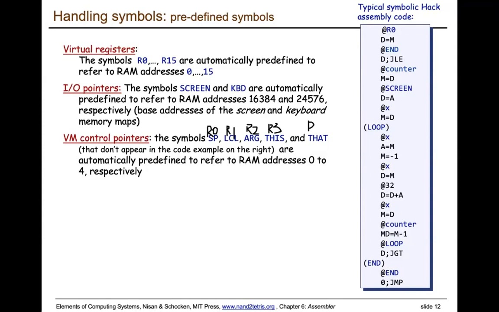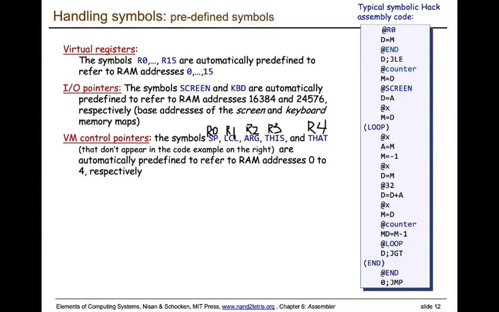These five are used later. We will not discuss them here, but just keep in mind that R0 to R4 are used for symbols for the virtual machine, so they are virtual machine pointers.